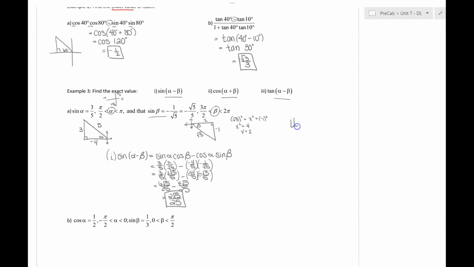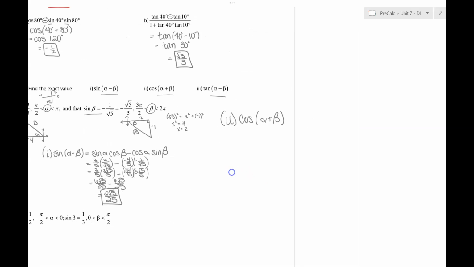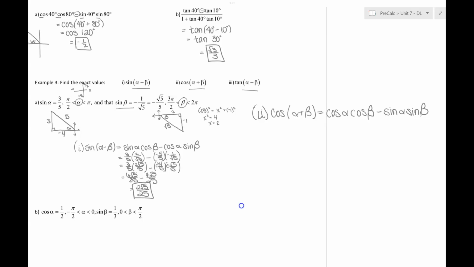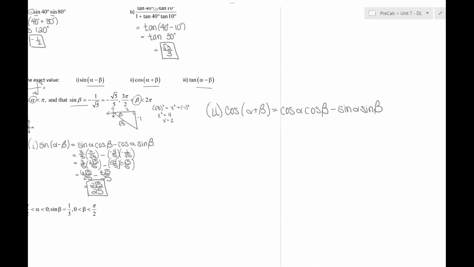So we'll do up here the cosine of alpha plus beta. Cosine of alpha plus beta is going to be cosine of the first times cosine of the second. Sign changes. Sine of the first, sine of the second. If we look back at our triangles, the cosine of alpha is a negative 4/5. So we have negative 4/5 times the cosine of beta, which is 2 rad 5 over 5. I'm just going to go ahead and rationalize since we already did.